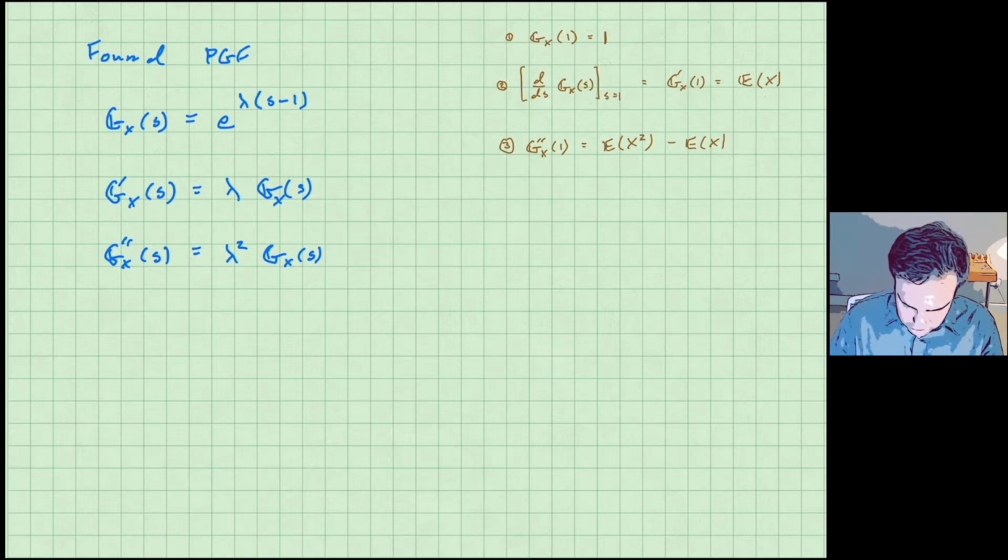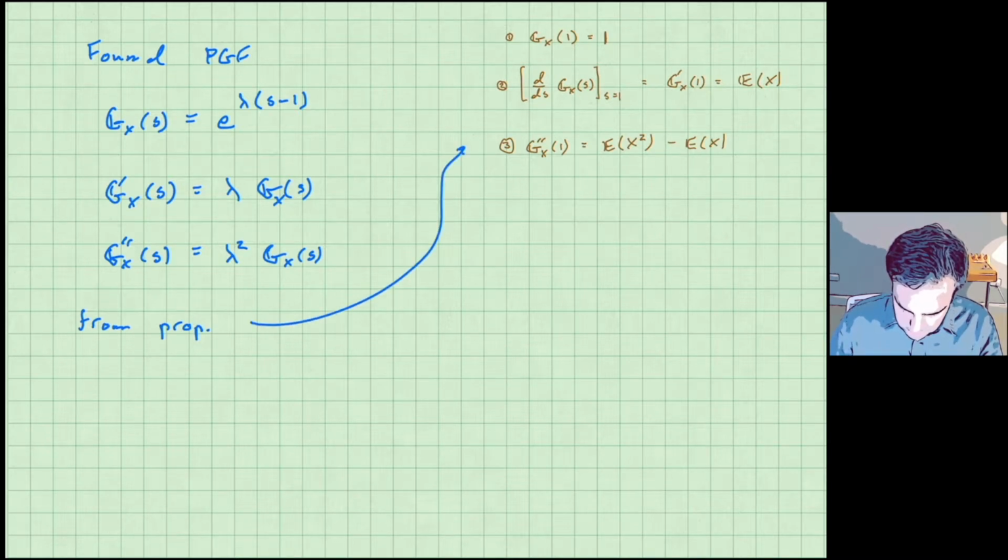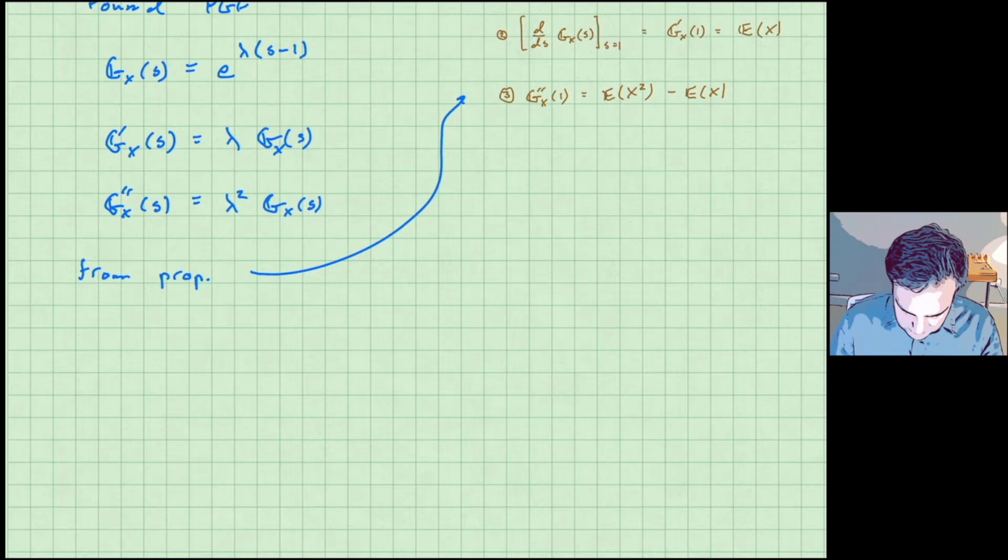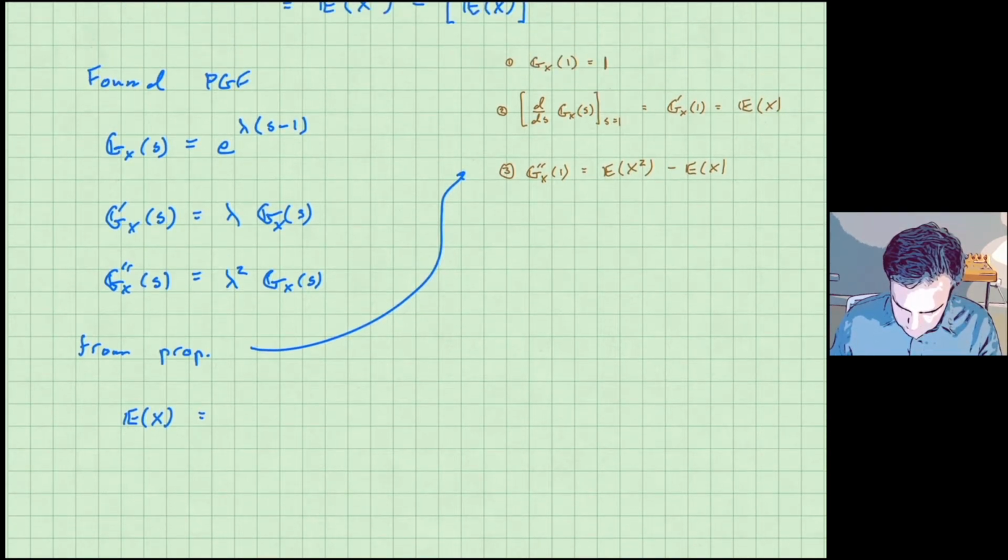So let's just first write out the expected value. So from the proposition, which is over here, we have that the expected value should be the first derivative evaluated at 1. And so the first derivative is lambda times the original function, and then evaluated at 1.